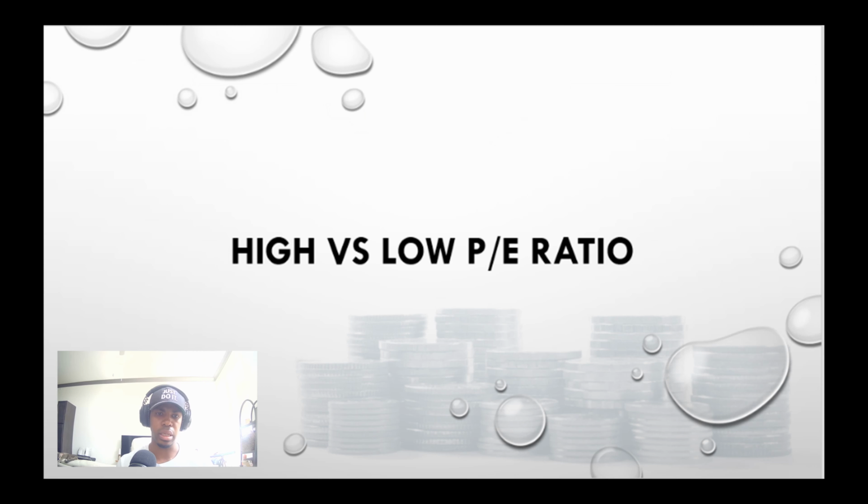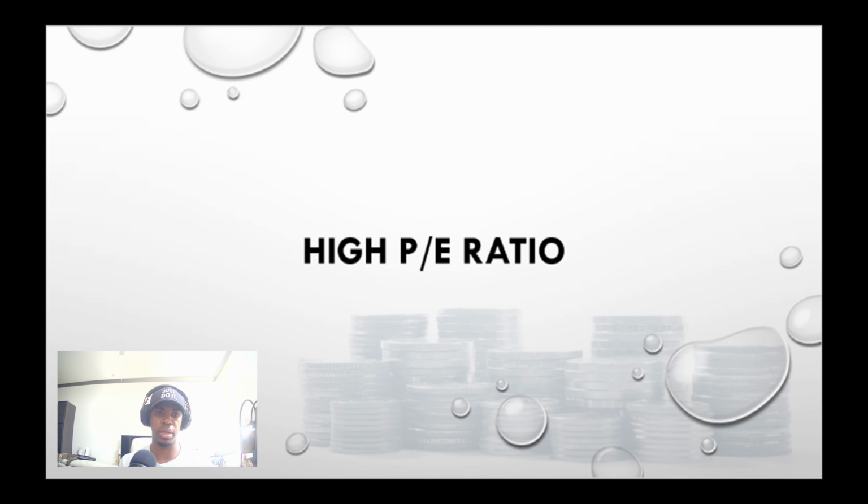Okay, so what does a high or low ratio tell you? Because it's important to understand the dynamics of why a high PE ratio suggests potential for higher growth. So with high PE ratios, because investors anticipate high levels of earnings in the future, a high PE ratio shows that the share price has increased more quickly than the company's earnings.